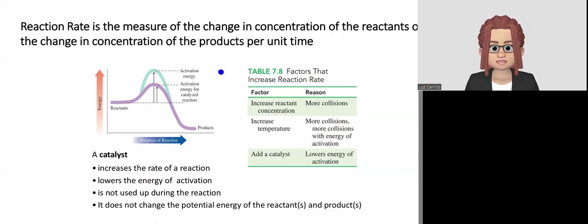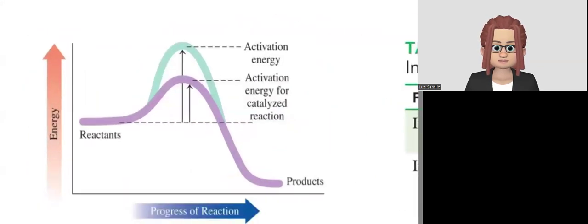But the image that we have here has to do with the addition of catalysts. And a catalyst always leads to an increase of the rate of the reaction, but it does it by lowering the energy of activation. So let's go back to our energy diagram.